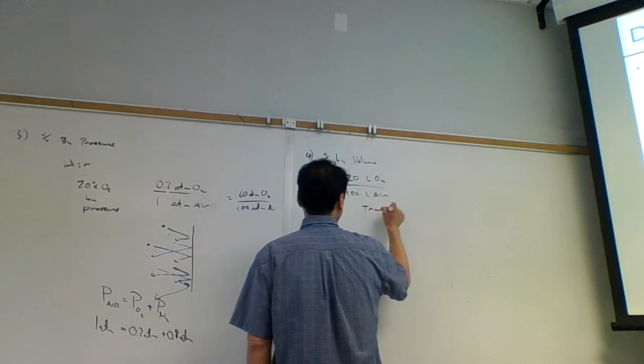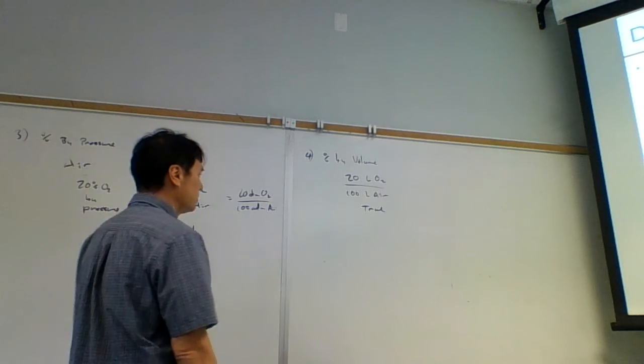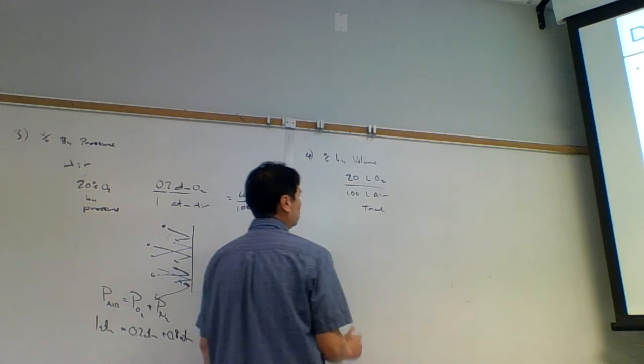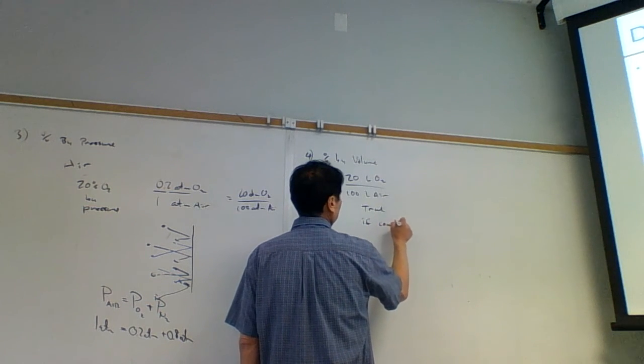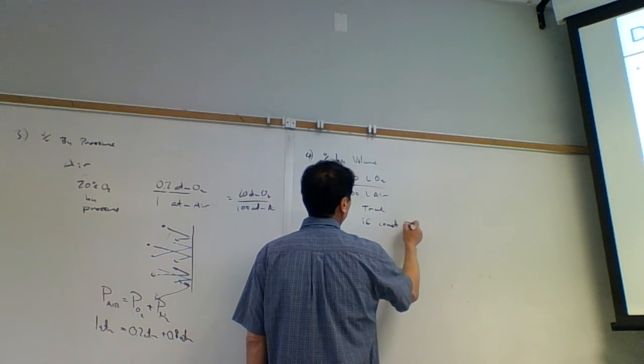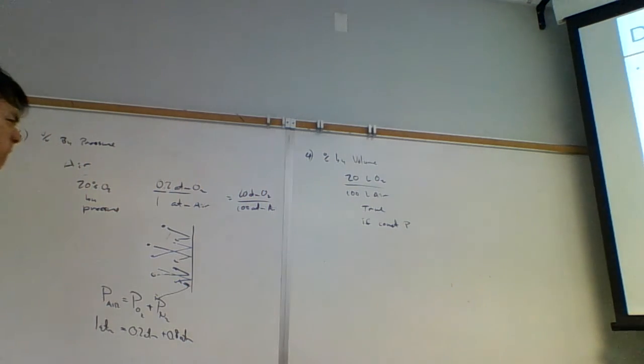True. But both 3 and 4 cannot be true simultaneously. So 100 liters of air will contain 20 liters of oxygen and 80 liters of nitrogen.